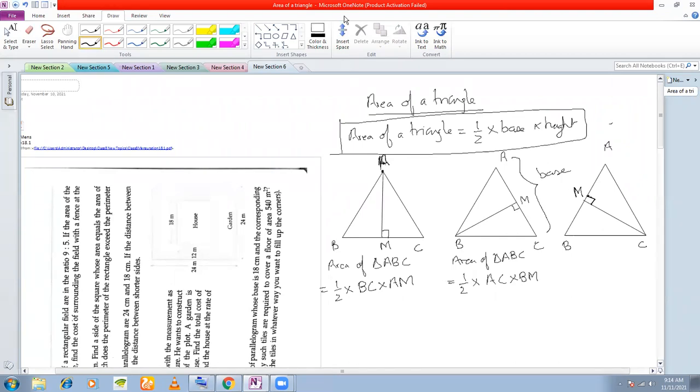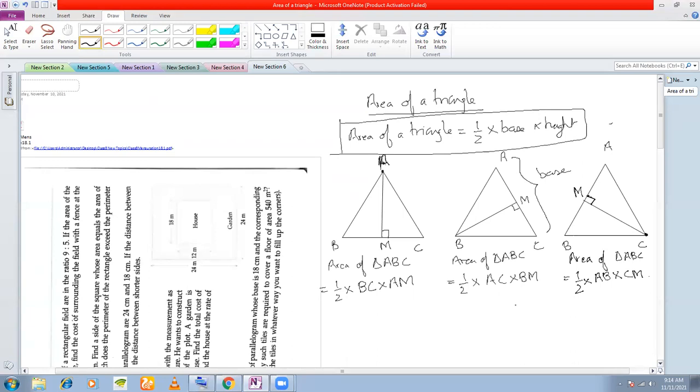So in this case, I have drawn the perpendicular or the altitude from the vertex C to the base AB. So in this case, the area of triangle ABC is half into base into height CM.